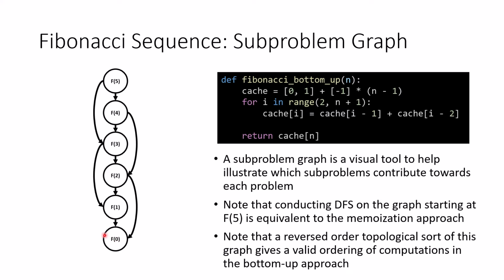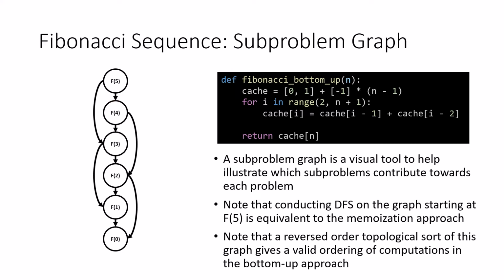We would evaluate that, and then we would continue with the depth first search until we end up back where we started. So this would be our final finishing time, if we use the same terminology as before. So basically, memoization is equivalent to doing a depth first search on our subproblem graph over here.